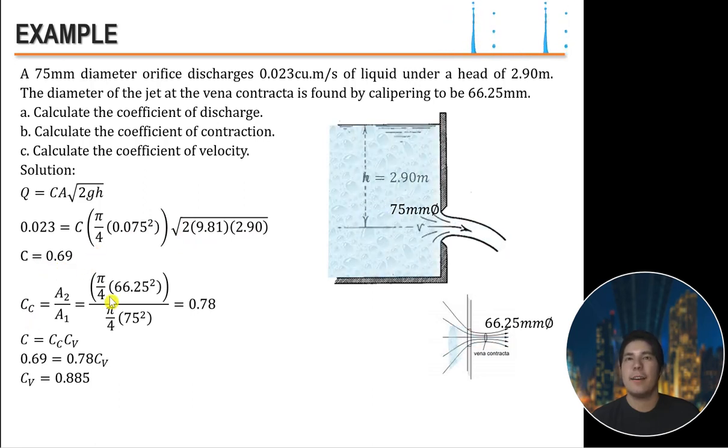So, CC is just the area of the vena contracta divided by the area of the orifice, which gives 0.78. Using the relationship between CD, CC, and CV, we can now get the value of CV, which is 0.885. It is dimensionless, of course.